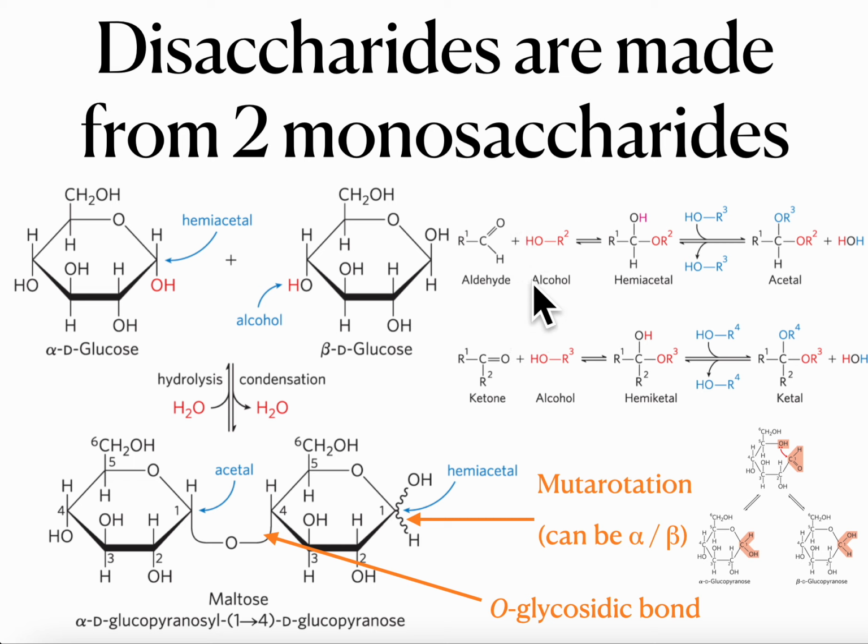So therefore, we can call the product an intramolecular hemiacetal. And now we can complete this process by attacking this hemiacetal carbon with another alcohol, though this time the alcohol doesn't come from the same molecule. It comes from another molecule, another glucose in this case, finally forming an acetal carbon.